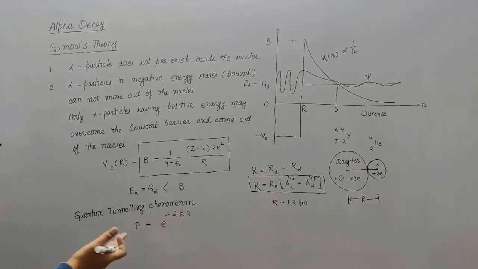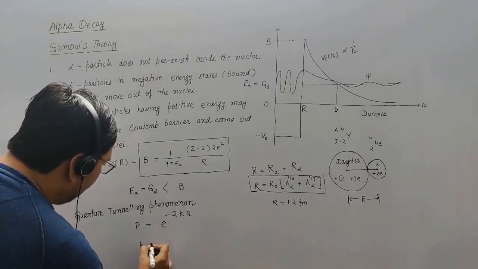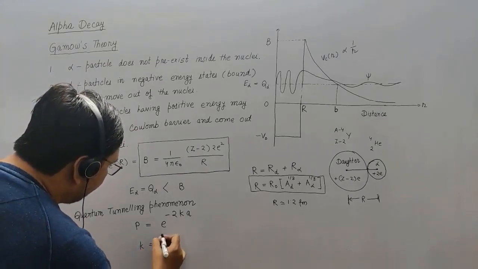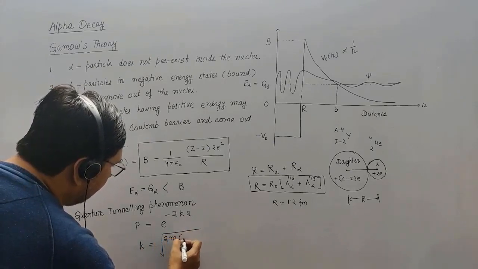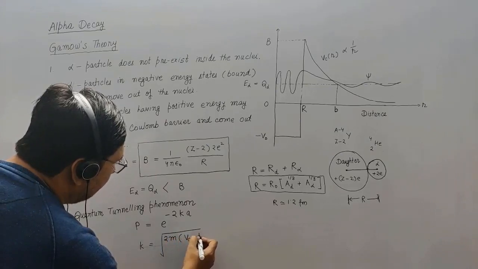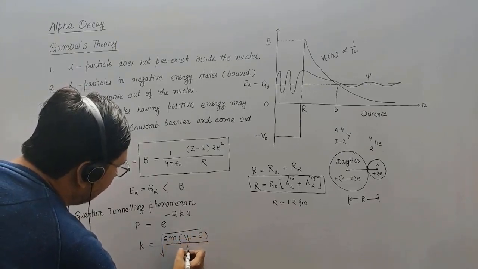Here we are considering the barrier height to be constant throughout the barrier, and k is given by the square root of 2m times Vc minus E, upon h cross squared.